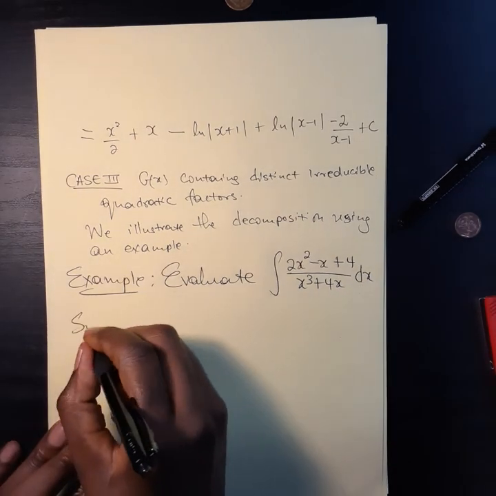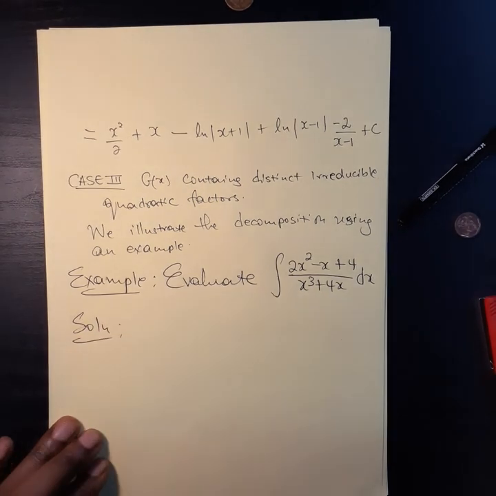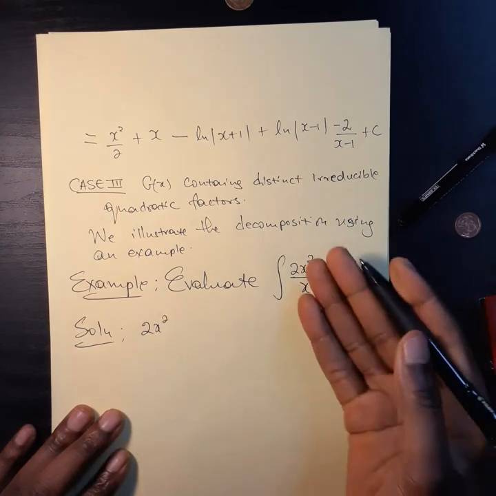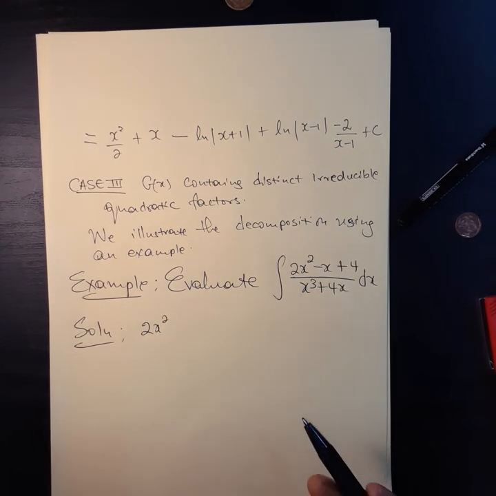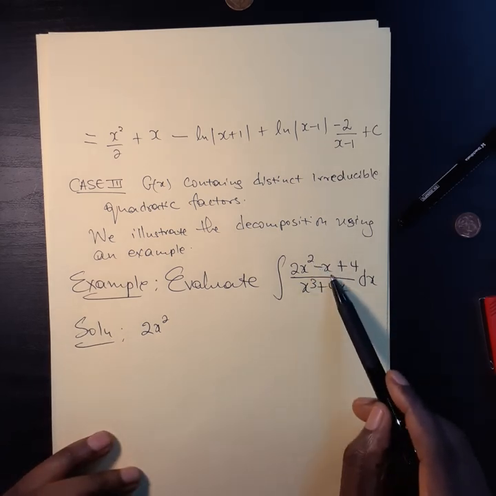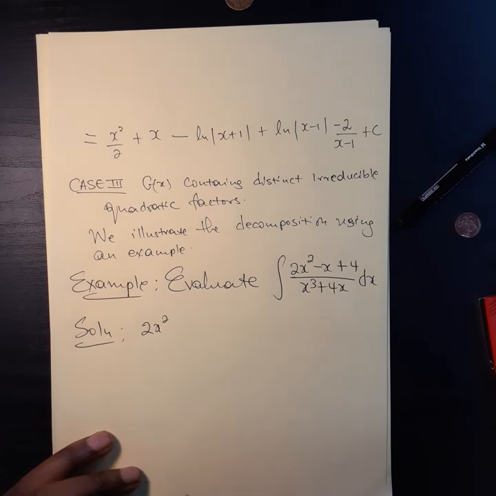Now, as a solution, the first thing, of course, is to check whether this is a proper fraction or an improper fraction. The degree is smaller than that one. We are happy. We don't have to use our long division.